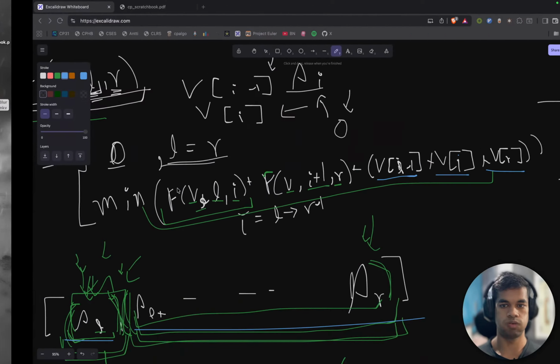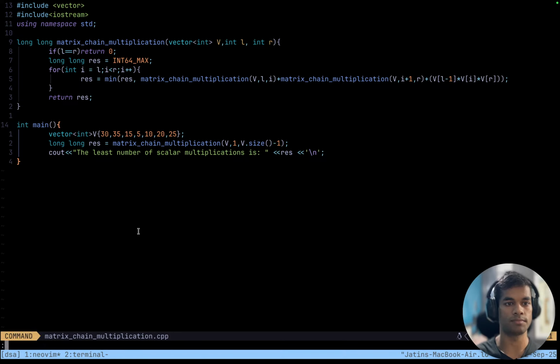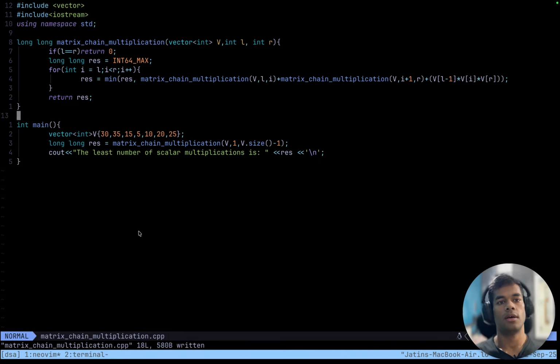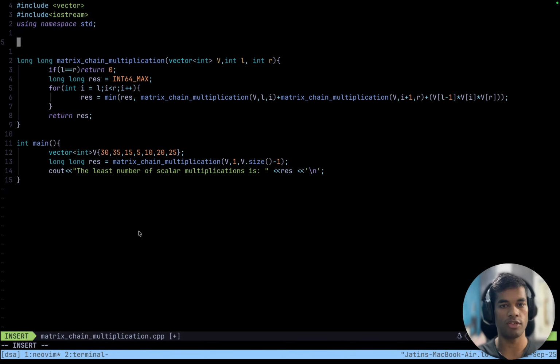And yeah, so that does work, but the problem is our function is bad. What we would like to do is have some memoization.